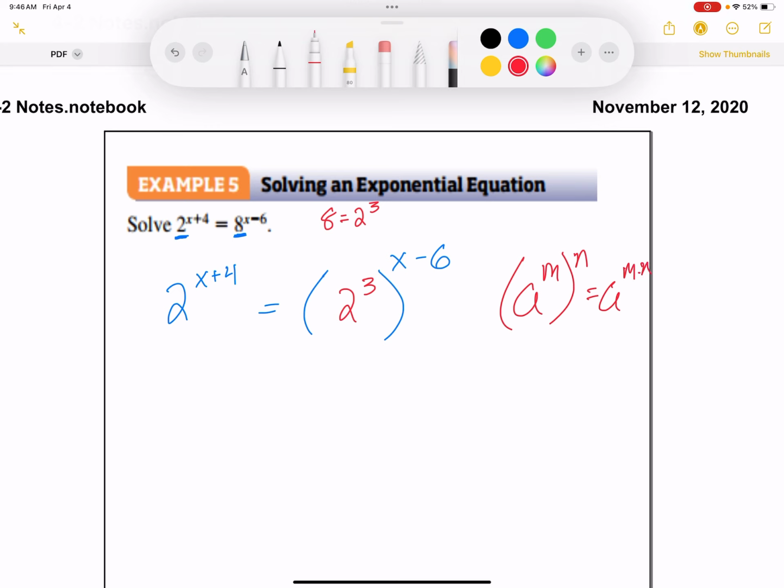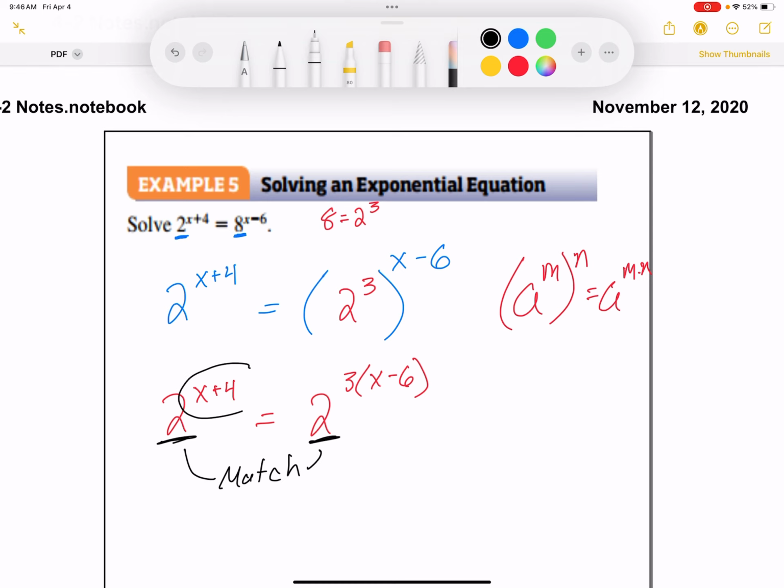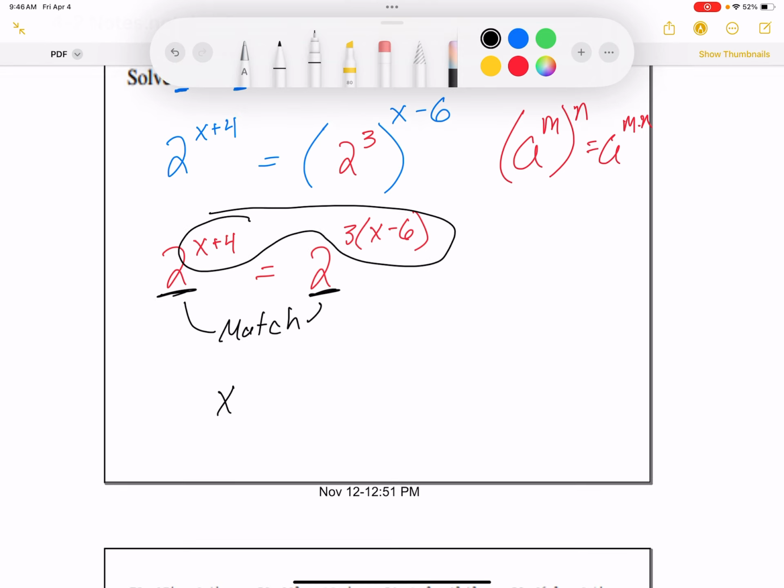So that means I have 2 to the x plus 4 equals 2 to the 3 times x minus 6. Oh, my bases match. Now I can say, hey, this power must equal that. So x plus 4 equals 3 times x minus 6.